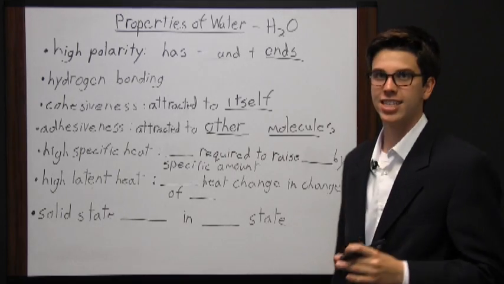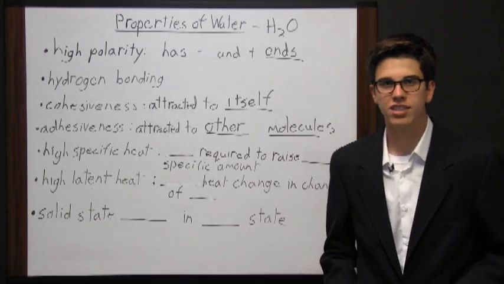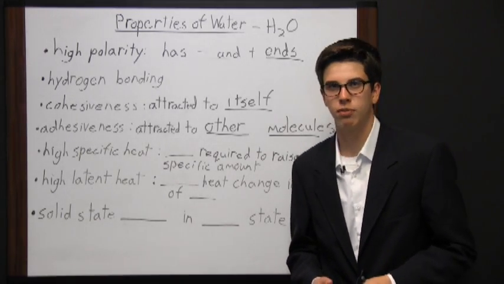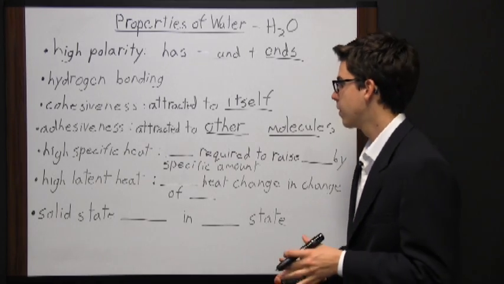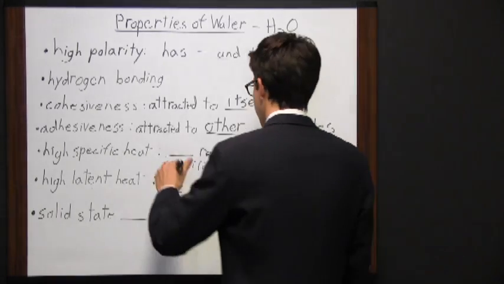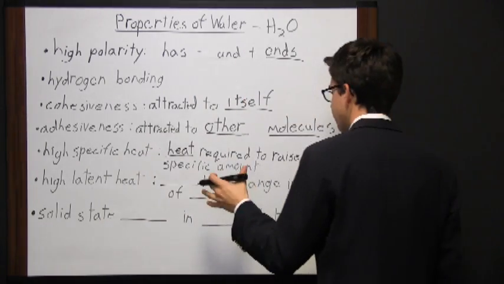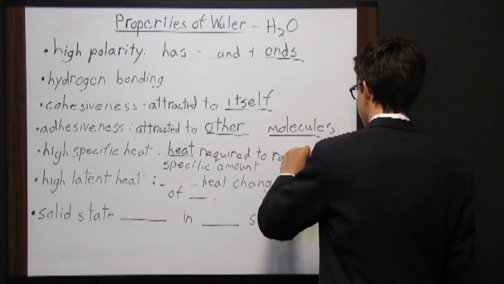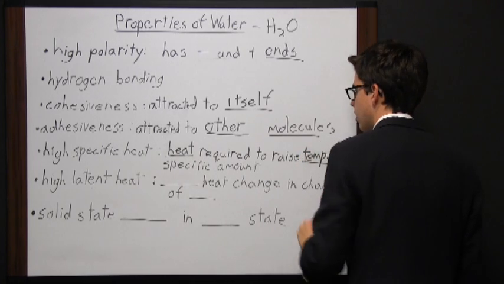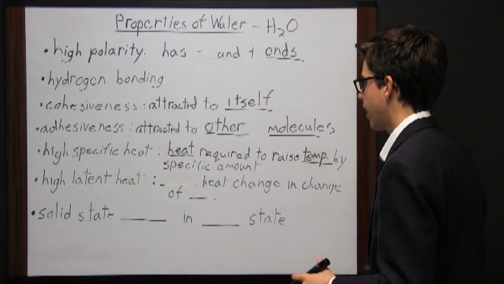Water has a high specific heat, which means it resists the breaking of its hydrogen bonds and resists heat and motion. So specific heat means that it has a large amount of heat required to raise temperature by a specific amount.